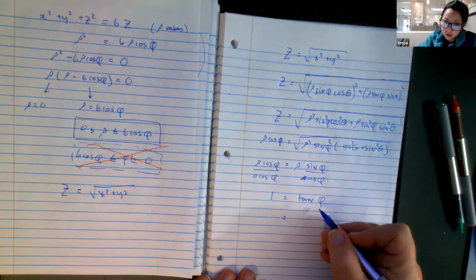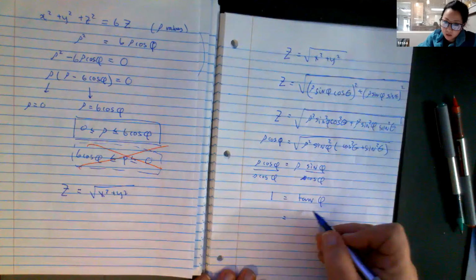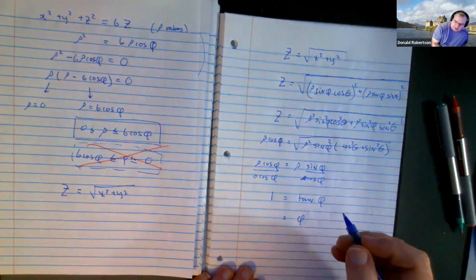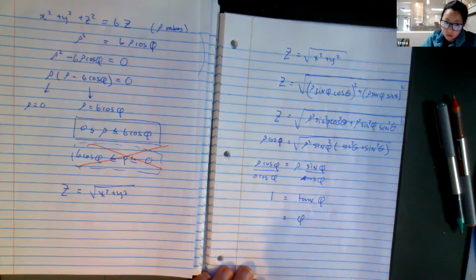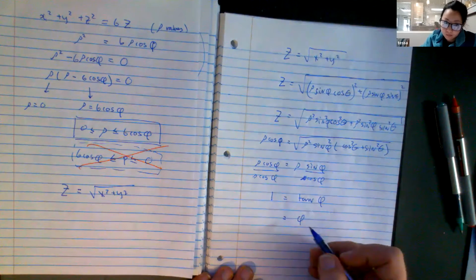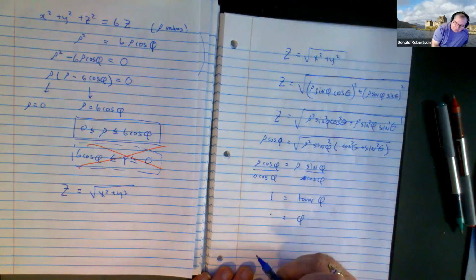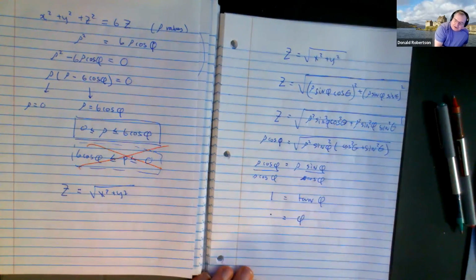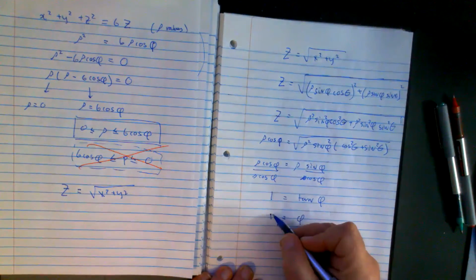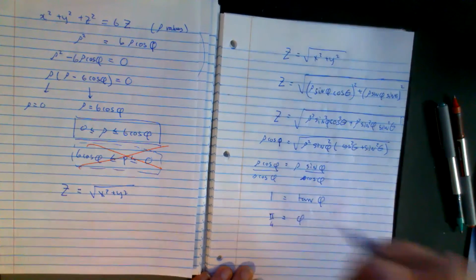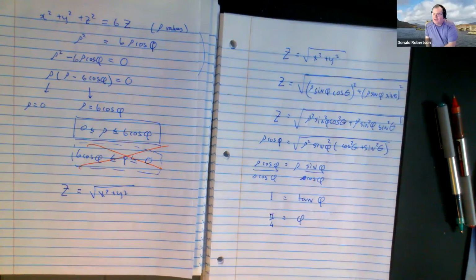Is it inverse tan of 1 equals phi? And what angle is inverse tan of 1? You're right, Tessa. What angle has a tangent of 1? That's another way of phrasing it. Yeah, pi upon 4. Is it pi over 4? Yes.